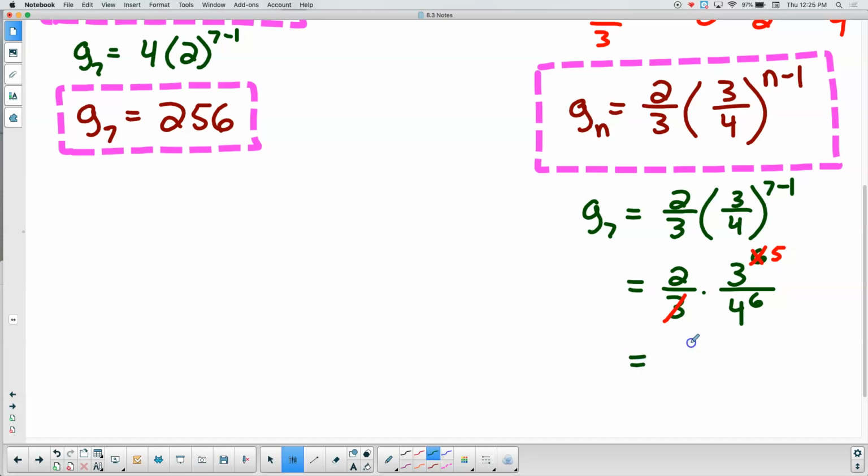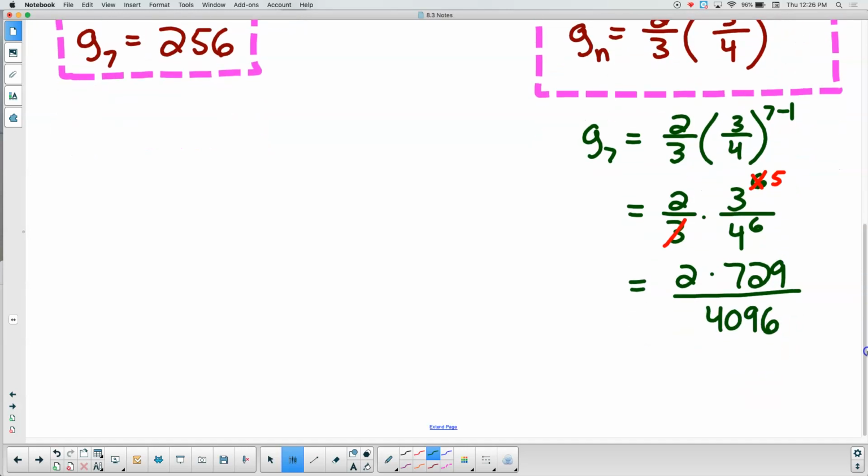That gives me 2 times 3 to the 5th power is 729. 4 to the 6th power is 64 times 4 is 256, 4,096. Two can go into 4,096, 2,048 times.